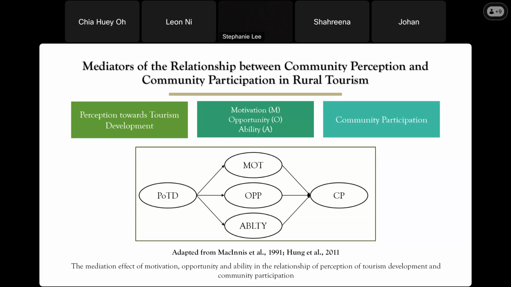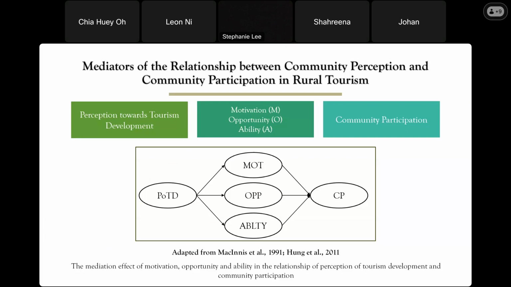The MOA model, as shown here, consists of motivation, opportunity, and ability. It was initially proposed by McInnes et al. in 1991 to investigate the factors influencing consumers to process brand information from advertisements.